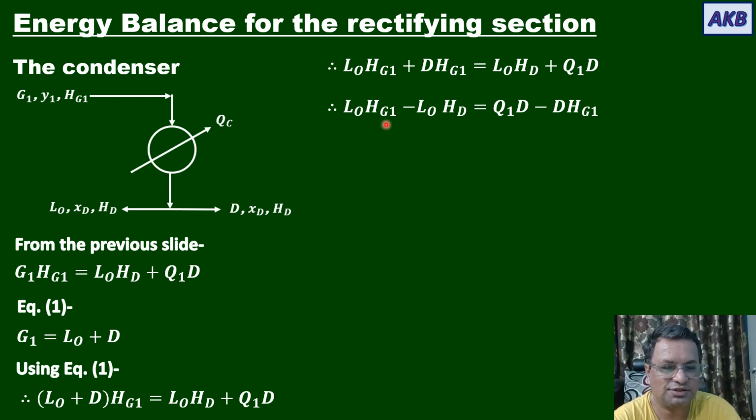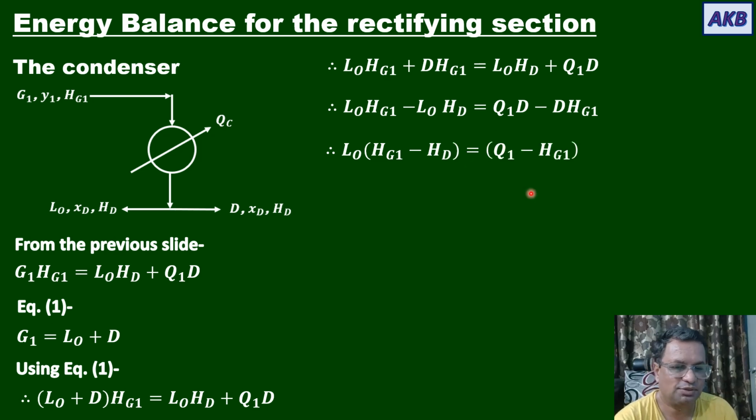So it will be L0 Hg1 minus L0 HD, equal to Q1 into D minus D into Hg1. In the next step, I'll take L0 common on the left hand side and D common on the right hand side. So it will be L0 into (Hg1 minus HD) equal to (Q1 minus Hg1) into D.